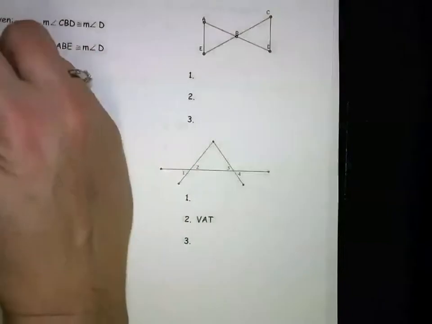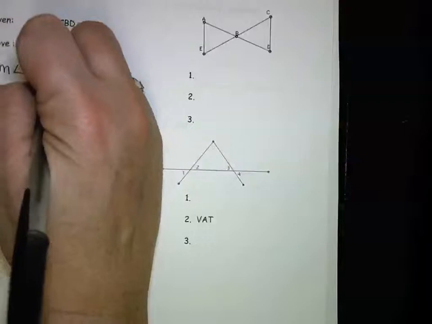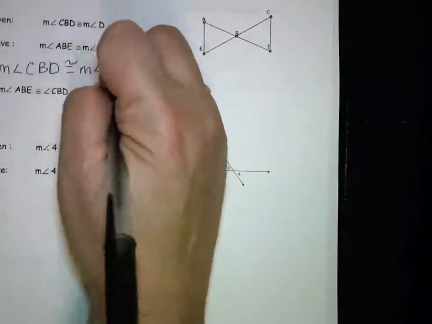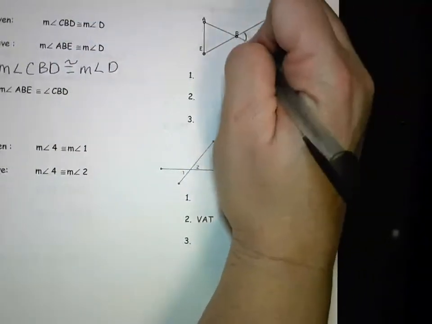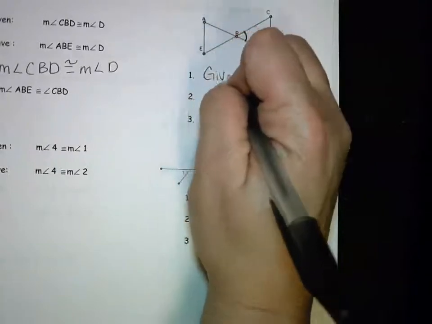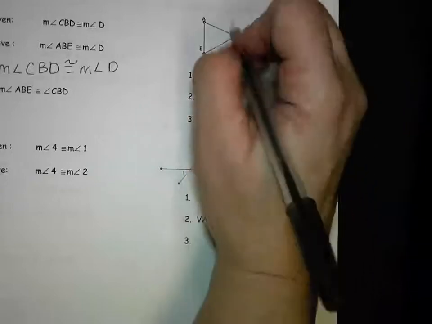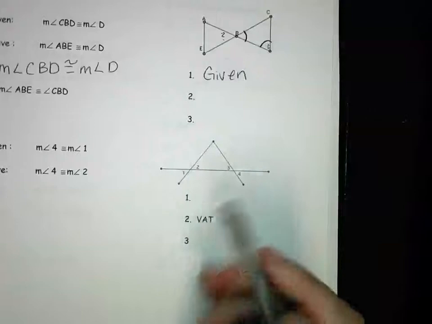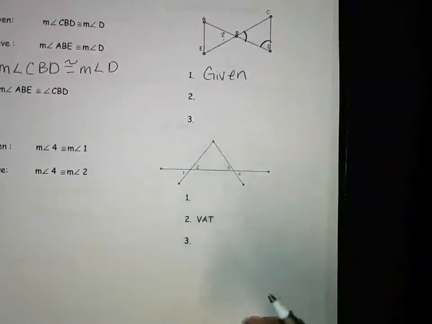Example 4, we start with our given, and that is red. The measure of angle CBD is congruent to the measure of angle D. So in our picture, CBD is equal to angle D. That is our given. And we're trying to get this angle over here, I'm going to put a question mark there, equal. And they don't have any nice hints, no nice midpoint, no great hint in our given.